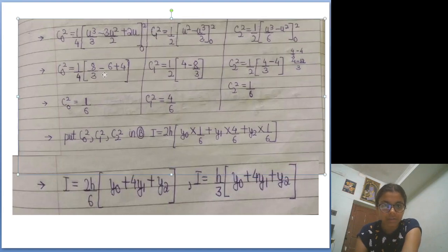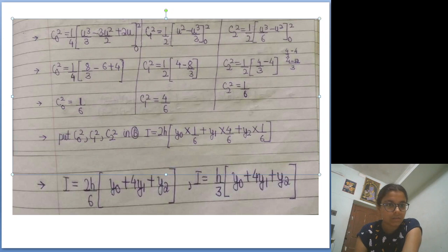Let me just clear this up. Okay, and so you can see that C20 is equal to 1/4 of u^3/3 minus 3u^2/2.